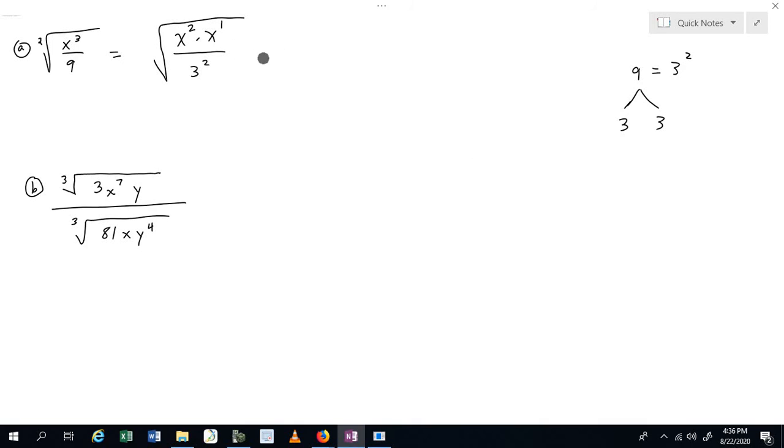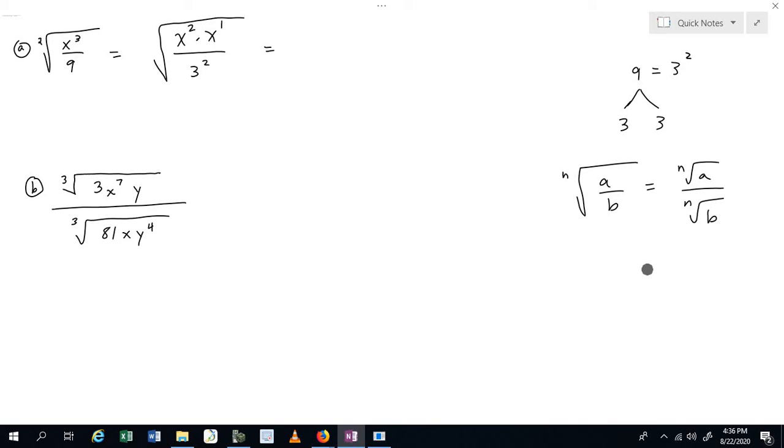Now, it's the case that you can break this up into the square root of each of these. And maybe I should do this one step at a time. You can actually take the square root. So, I think I've mentioned this a couple times. The nth root of a over b is the same as the nth root of a over the nth root of b.